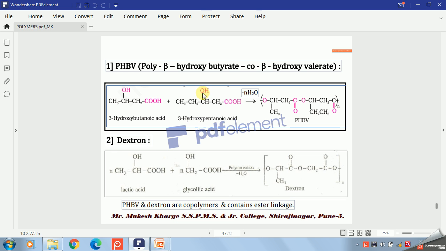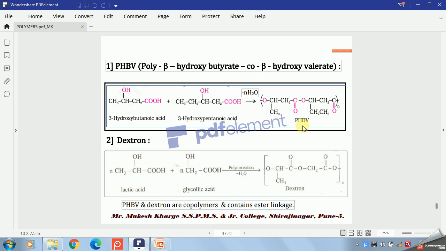So here this OH group of 3-hydroxypentanoic acid will attack the carbonyl carbon of the COOH group of 3-hydroxybutanoic acid, and there is a removal of hydrogen from this OH and OH from this COOH as water, and we get a compound.